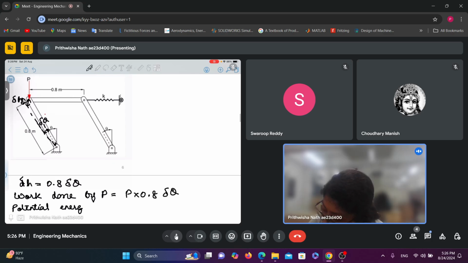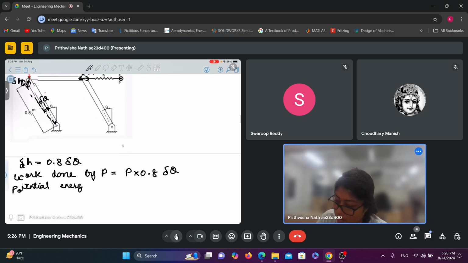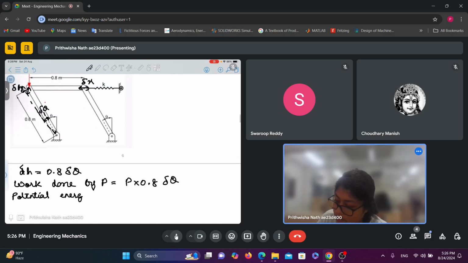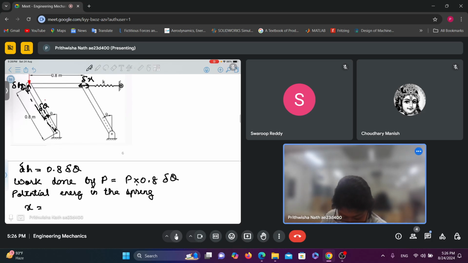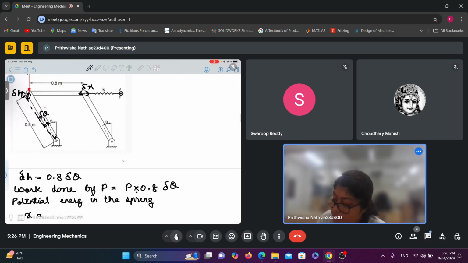Suppose this displacement is x. Now what is the expression for x? I can write x as 0.8 sine theta, right?